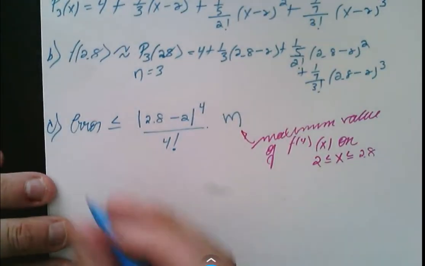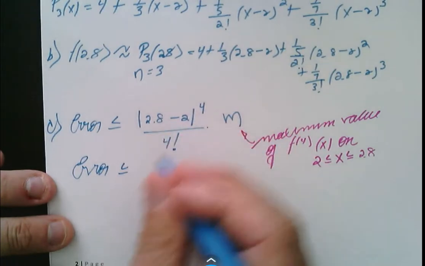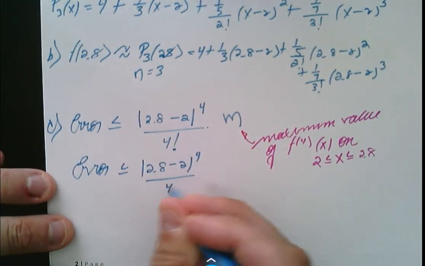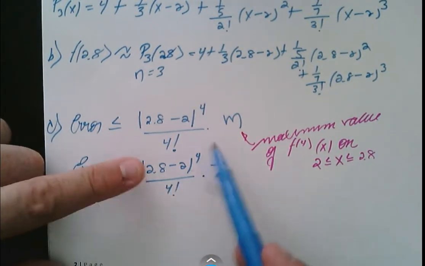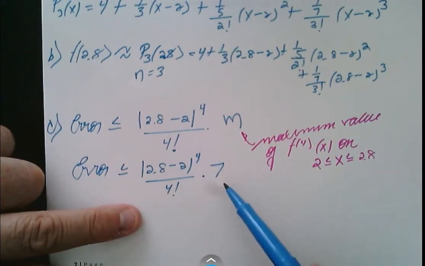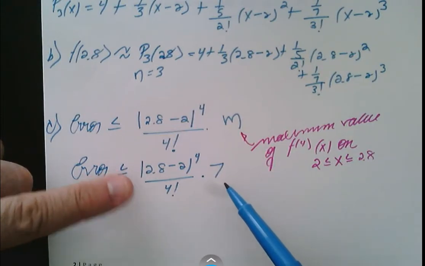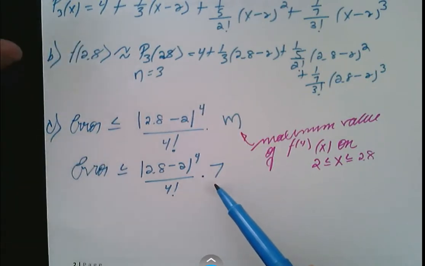So what I know is that my error is less than or equal to, I don't have to simplify anything here if I don't want to, the absolute value of 2.8 minus 2 to the fourth power, divided by 4 factorial times 7. That is the maximum possible error that you can have based on your approximation.